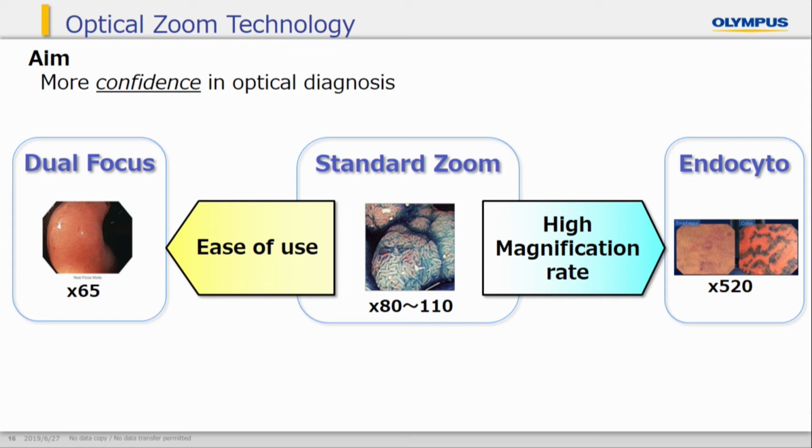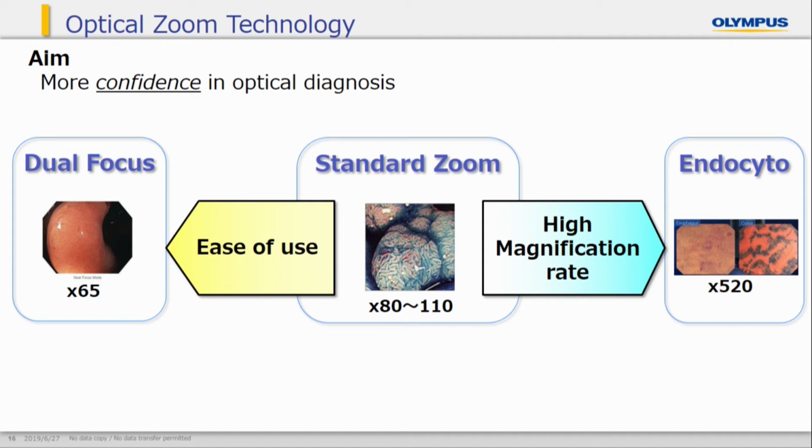I believe there are many endoscopists who are utilizing this technology. However, of course, we recognize that some endoscopists have also requested things of Olympus. Yes, the standard zoom is excellent. However, sometimes it's quite difficult to handle.